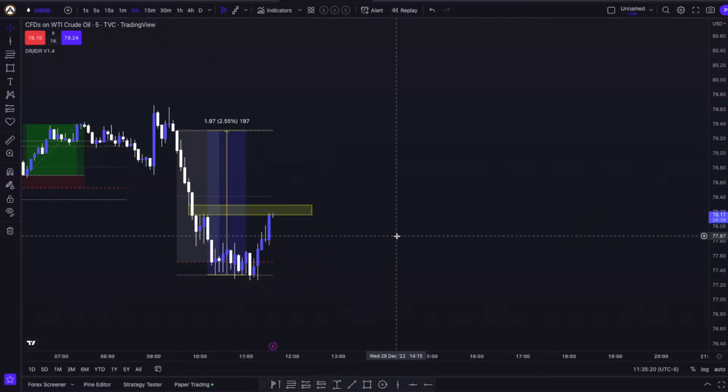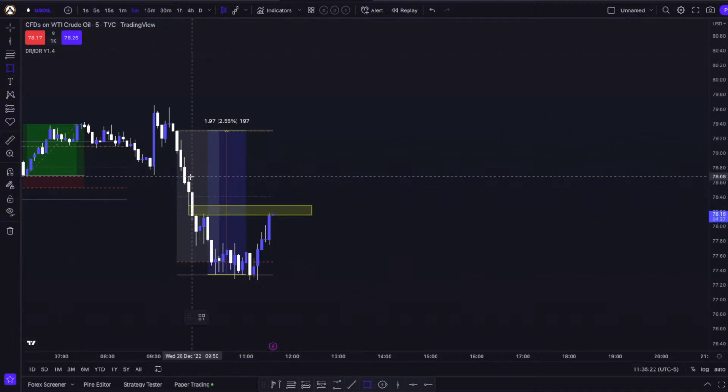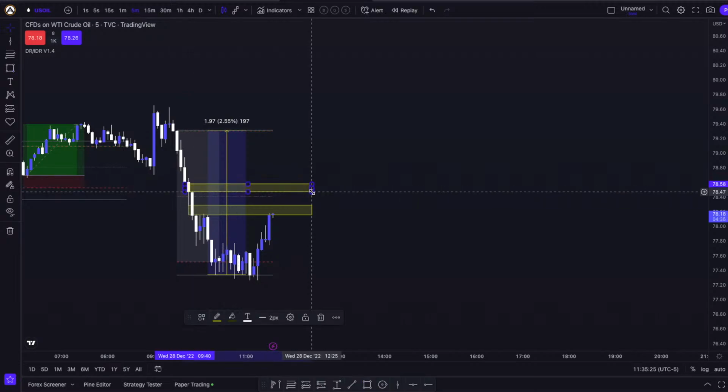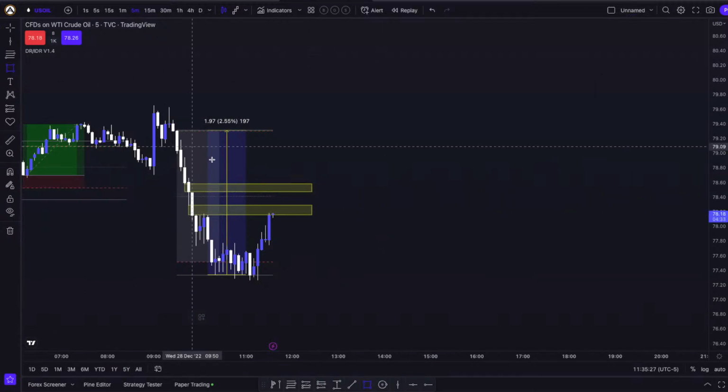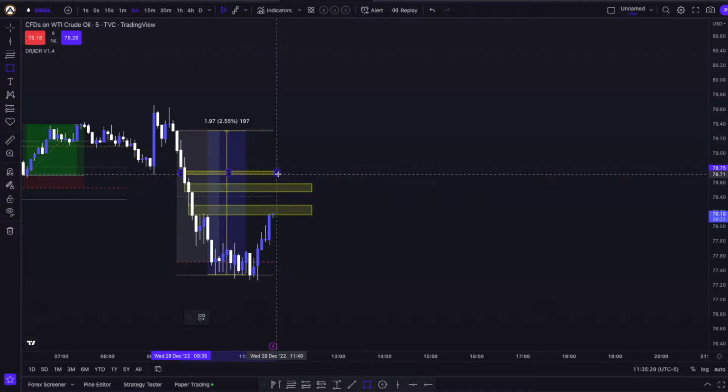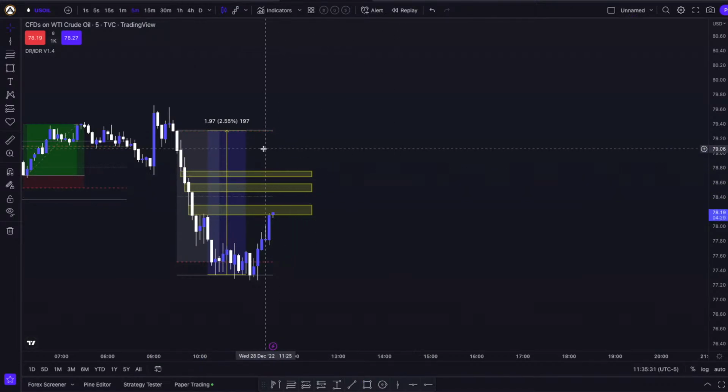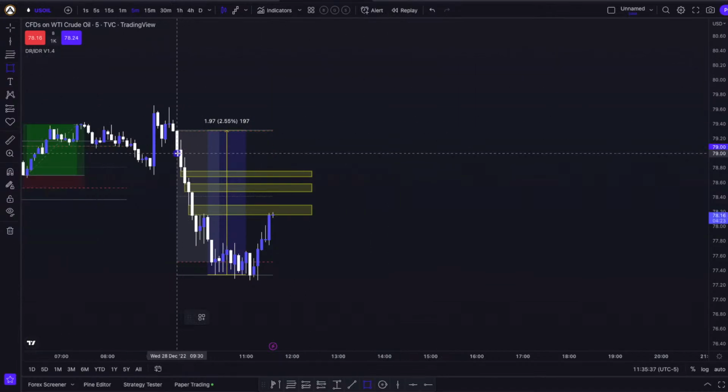In our DR range, looking for fair value gaps to hopefully take it short from. All right, one fair value gap here. Basically, this whole area is a fair value gap, to be really honest, here on a 5-minute. I'm sure you find more on a 1-minute time frame.